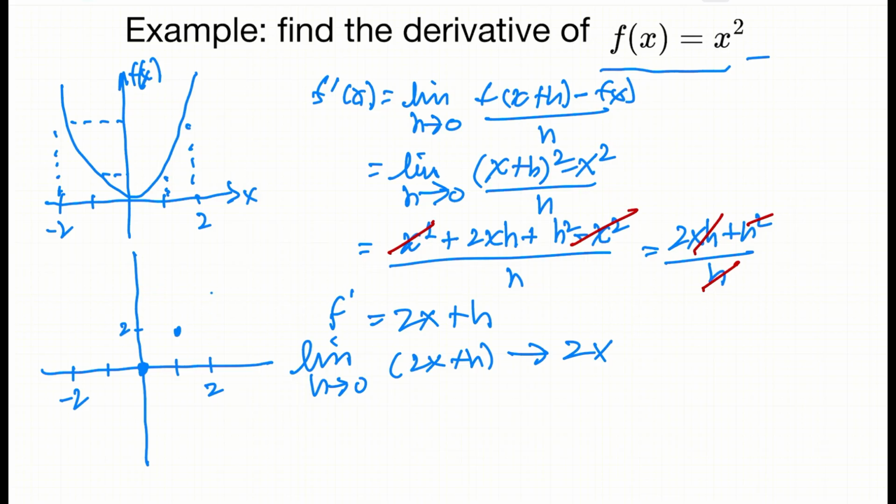At 2, it's equal to 4. At minus 1, it's minus 2. And at minus 2, it's minus 4. So this is just going to be a straight line. So the rate of change is just constant in the parabola. You see it doesn't change no matter where you're at on the curve, and that's what that tells us. It's related to this 2x.